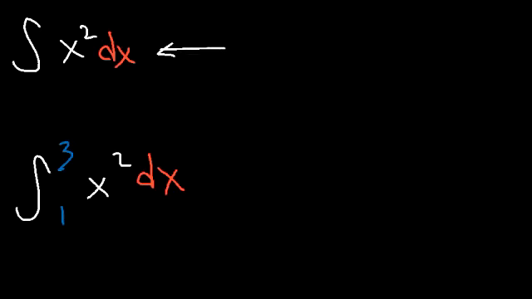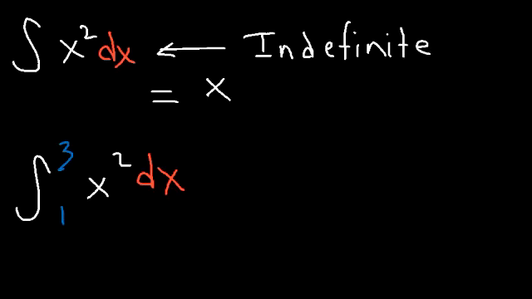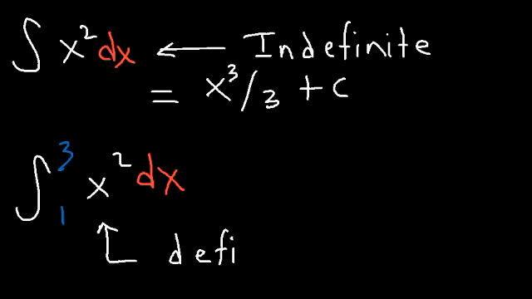This expression is an indefinite integral. It's going to give you an answer in terms of x. In this case, x cubed over 3 plus c. This expression is a definite integral. It's going to give you a definite value. In this case, a finite value or a numerical number. So it's not going to give you a function in terms of x.